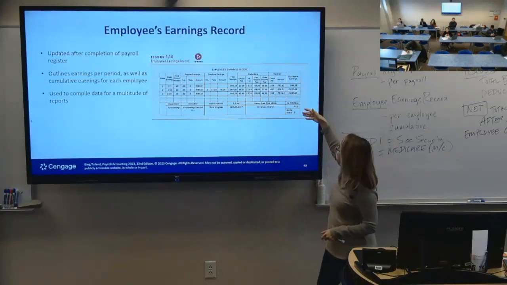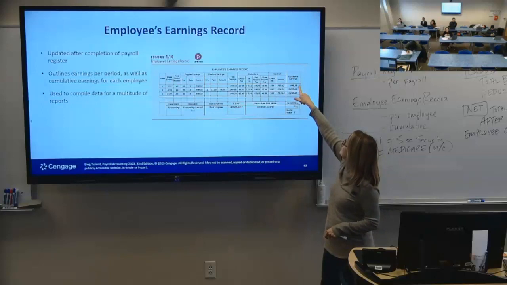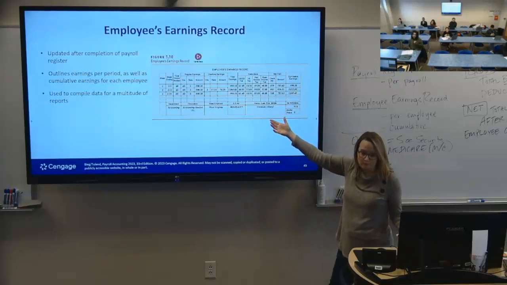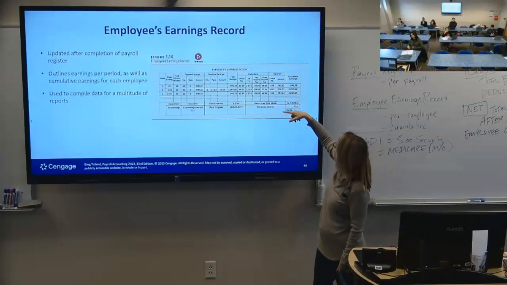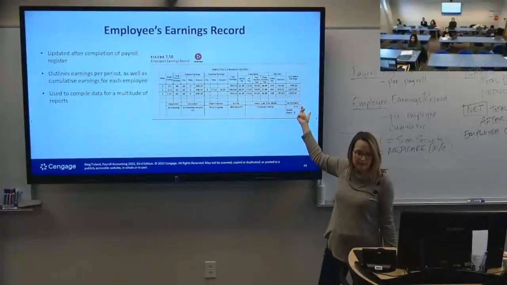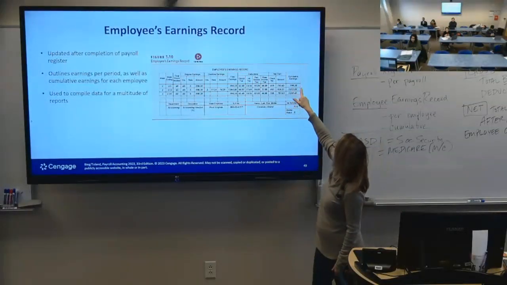But what they do have is this column for cumulative earnings. So week one, obviously the cumulative earnings are only for week one, right? So the 990.38, and this is the cumulative net. Actually, no, they've got the cumulative gross earnings here. You might have a separate column for gross earnings and cumulative net earnings. You could do that as well.